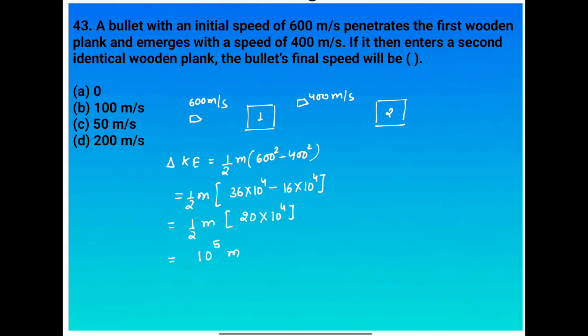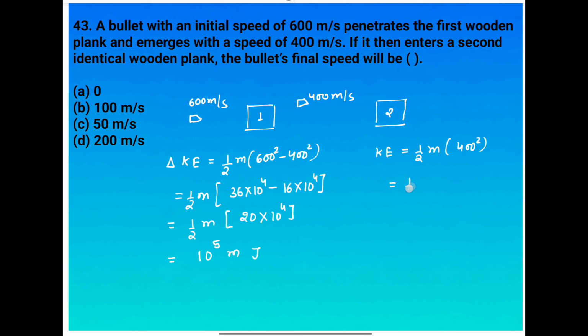So this much energy is required to penetrate the block, and while penetrating the second block, its velocity is 400 meter per second. So the total energy carried by this bullet will be half m into 400 square.